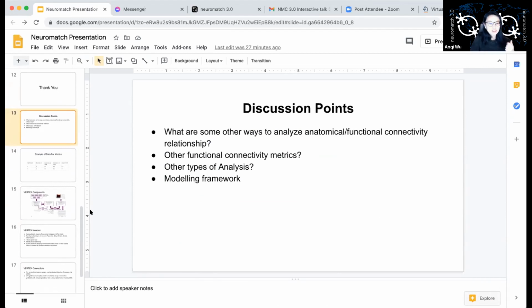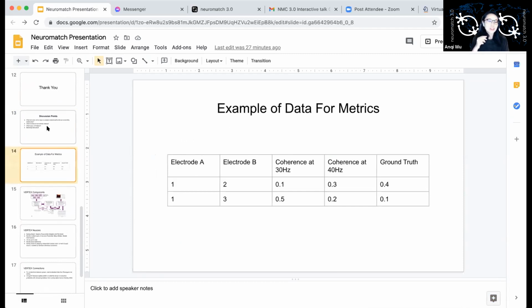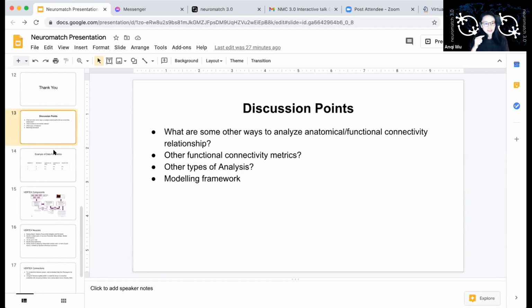I'm not sure there's a certain thing you want to mention, but one thing actually confuses me a little bit when I see the analysis: the representation of the functional connectivity. For anatomical connectivity, you have the weight, which is the parameter or number you can analyze with. For the functional thing, is that just LFP?